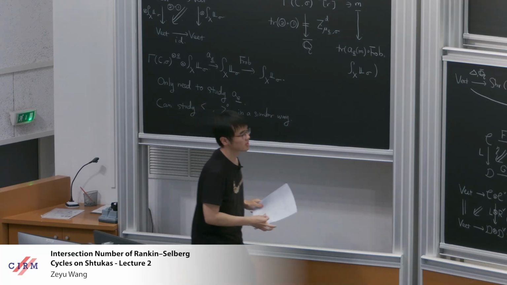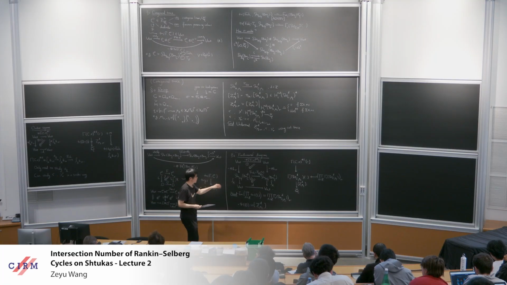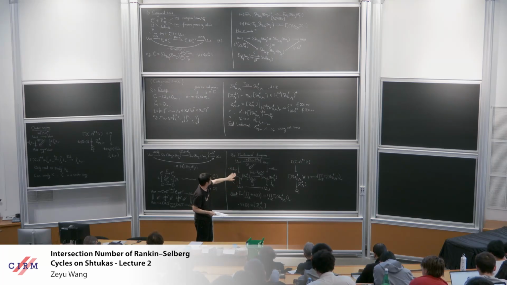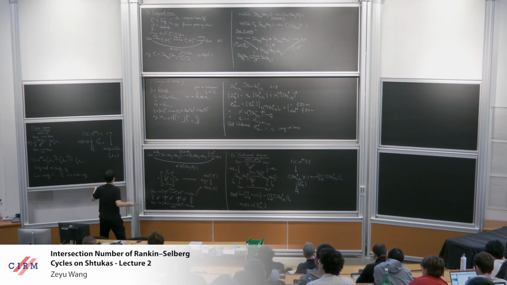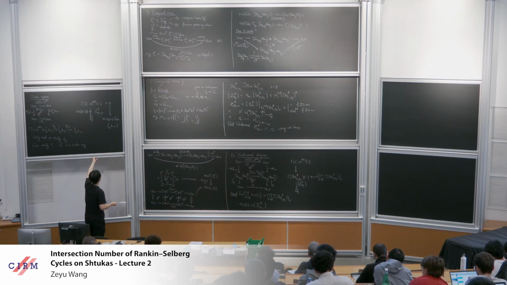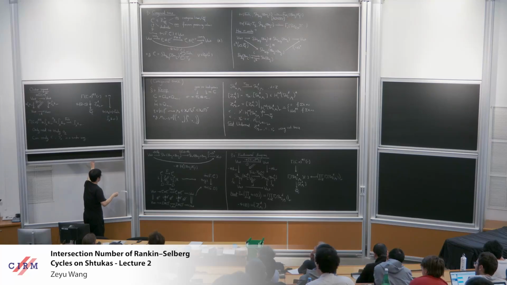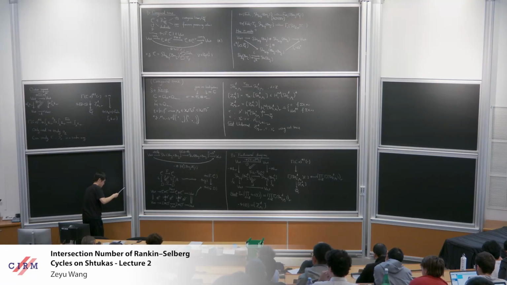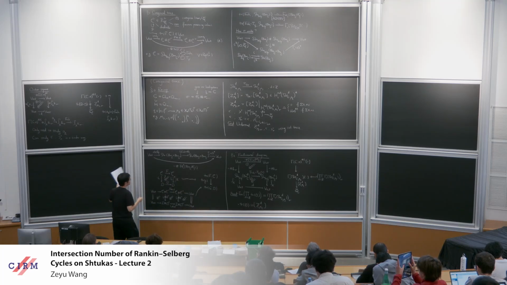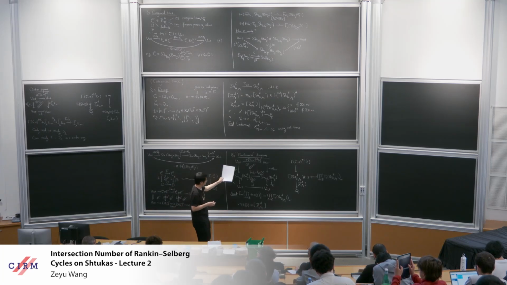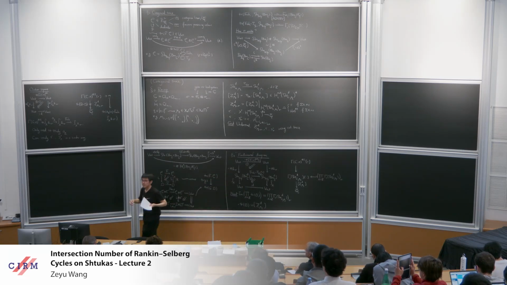I think you can imagine you just need to replace this functor by something else. Now I'm going to define these two natural transformations. So, any questions so far?